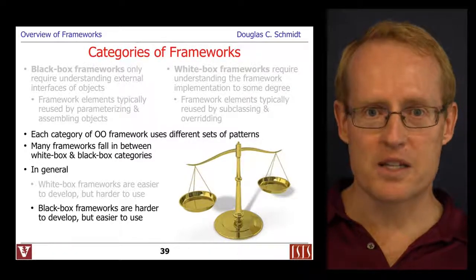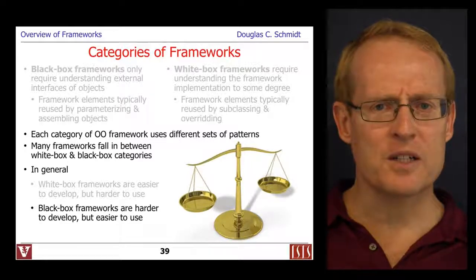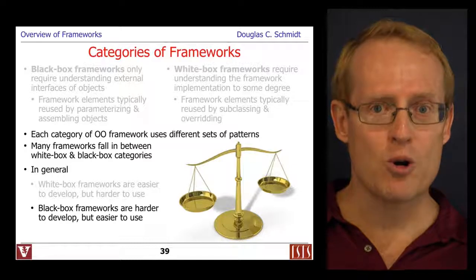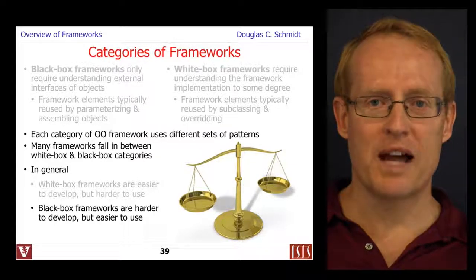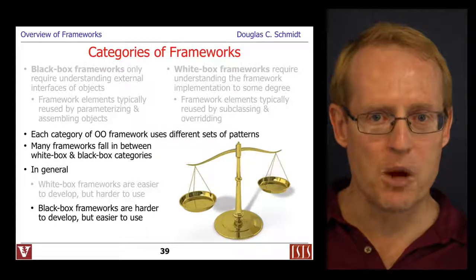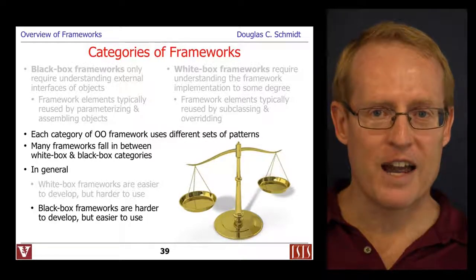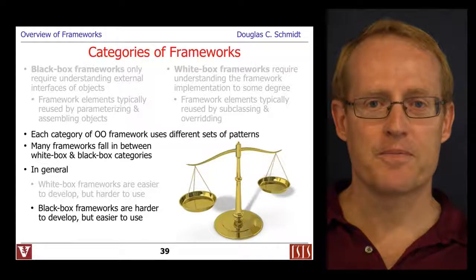But they're also typically somewhat easier to use. And oftentimes, you don't even have to understand many aspects of object-oriented programming in order to be able to use a black box framework, because you're really plugging or composing various kinds of objects as plugins in a more binary black box kind of way.